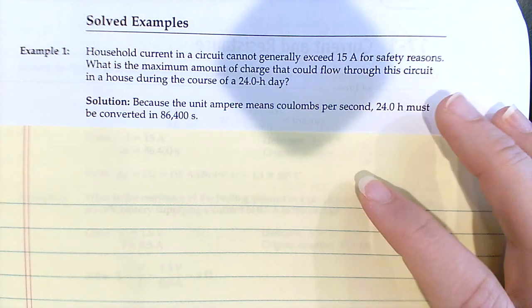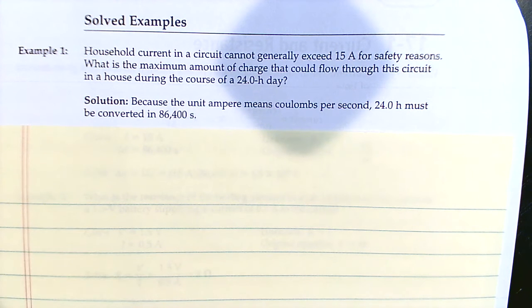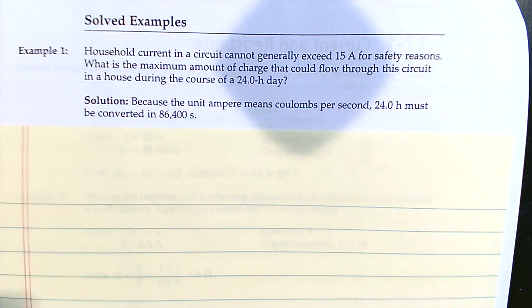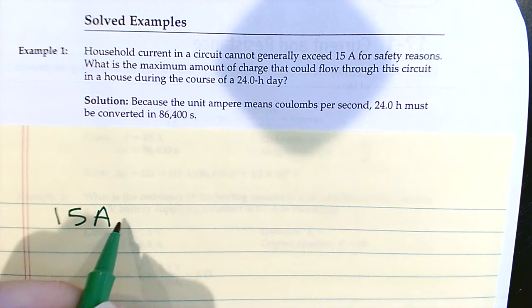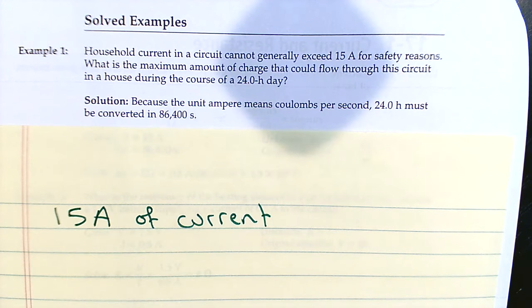Okay, so household current in a circuit cannot generally exceed 15 amperes for safety reasons. Okay, so we know that we have 15 amps of current maximum.